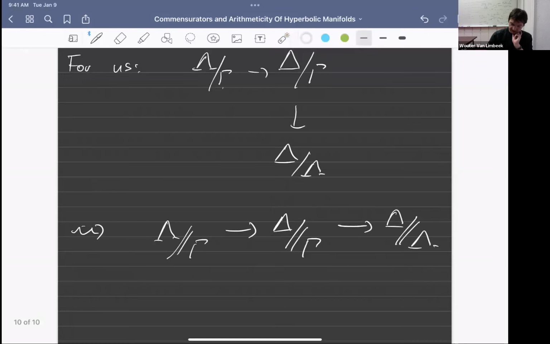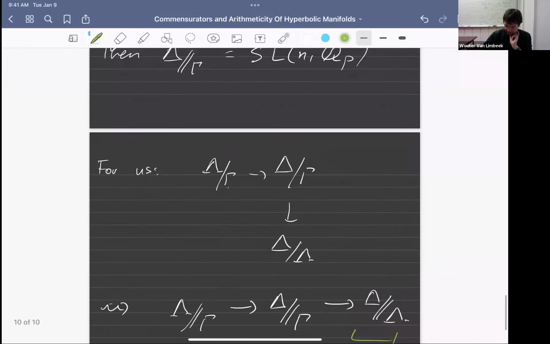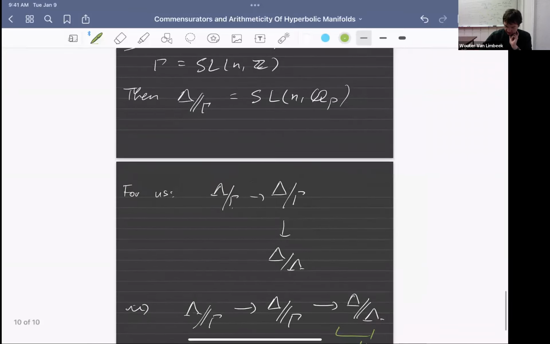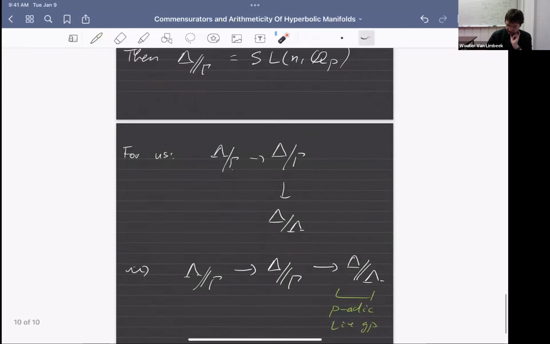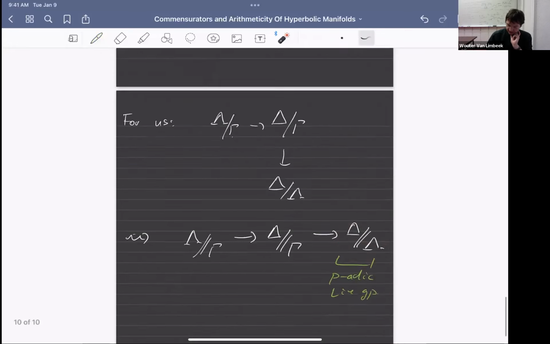And this is some kind of p-adic Lie group. Because of this example over here, if gamma is arithmetic, then the completion gives you just a p-adic group. So the same thing happens here.